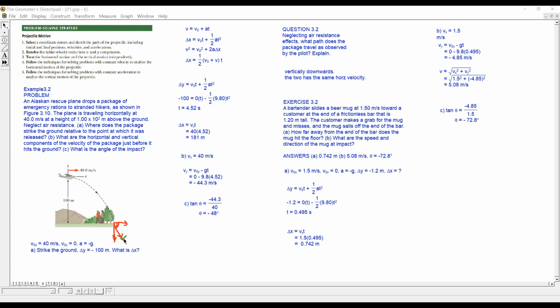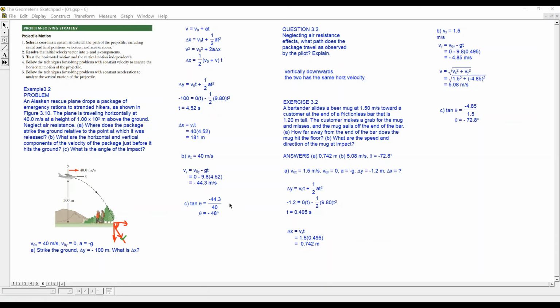It's actually traveling like this, the center one. So we want to find the angle of the actual velocity with the horizontal. We use the vertical component of the velocity divided by the horizontal component, and that will be the tangent of the angle of impact.